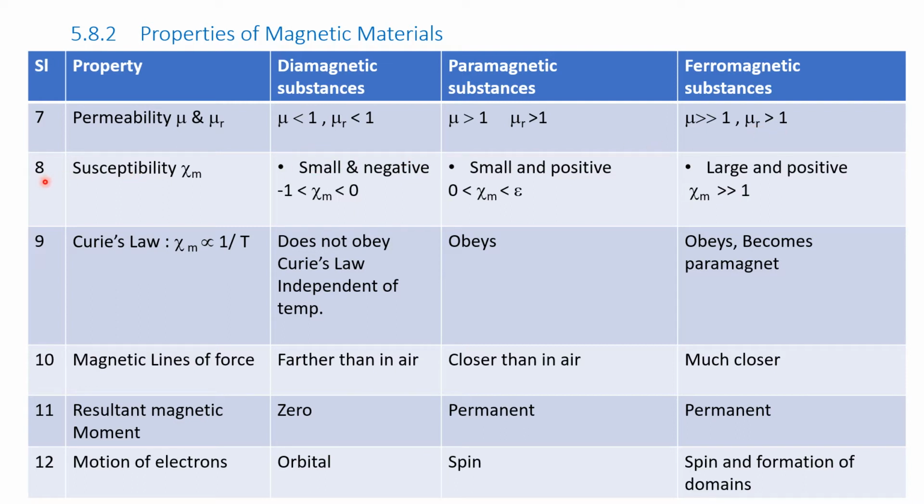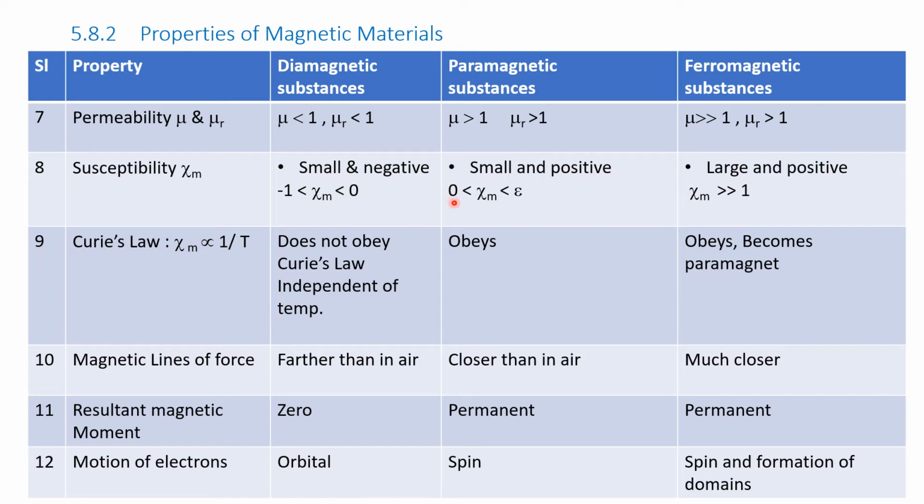Point number 8, susceptibility. The parameter susceptibility has been defined and explained in detail in the previous section, that is, in section 5a. Xi m for diamagnetic substances is between -1 and 0.